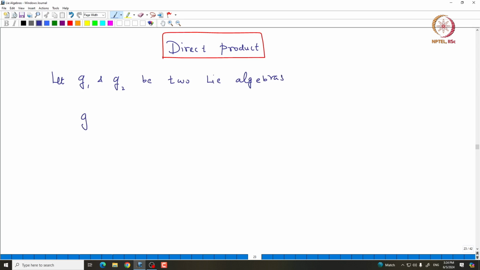Then take their Cartesian product G1 cross G2. This is the set of all tuples x comma y where x comes from G1 and y comes from G2. Now, using the Lie brackets on G1 and G2, we define the Lie bracket on G1 cross G2 as follows.